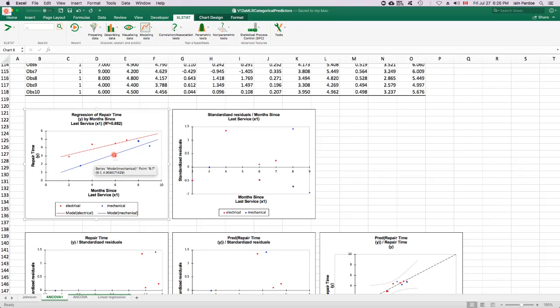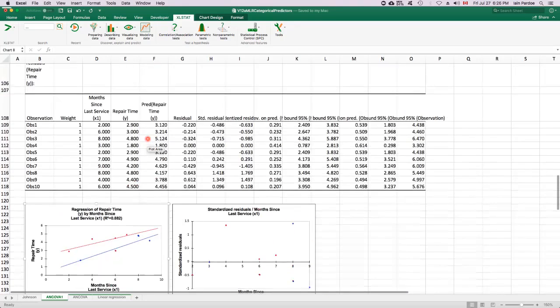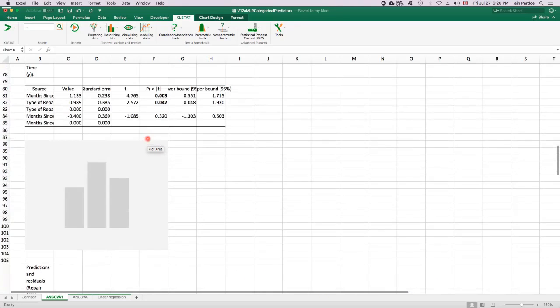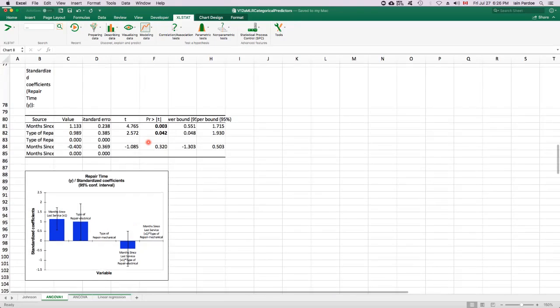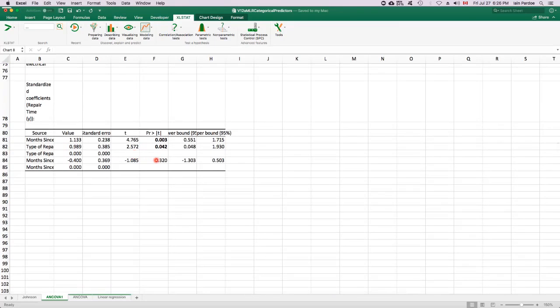These two lines are close enough to being parallel that we can't rule out in the population the lines being exactly parallel. And we know that because if we look at the interaction p-value, which is right here, it's not significant. It's bigger than our usual 0.05 significance level threshold.